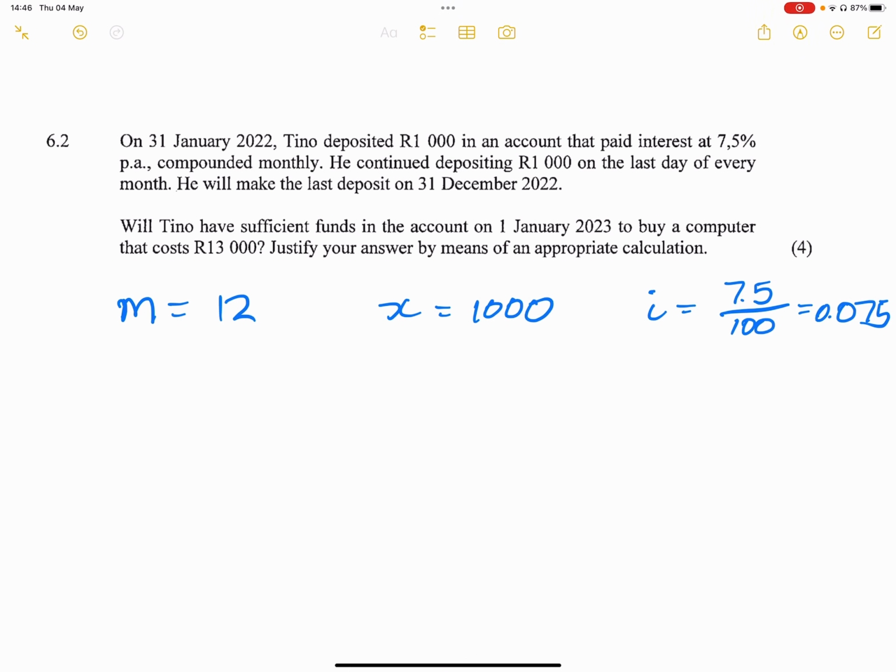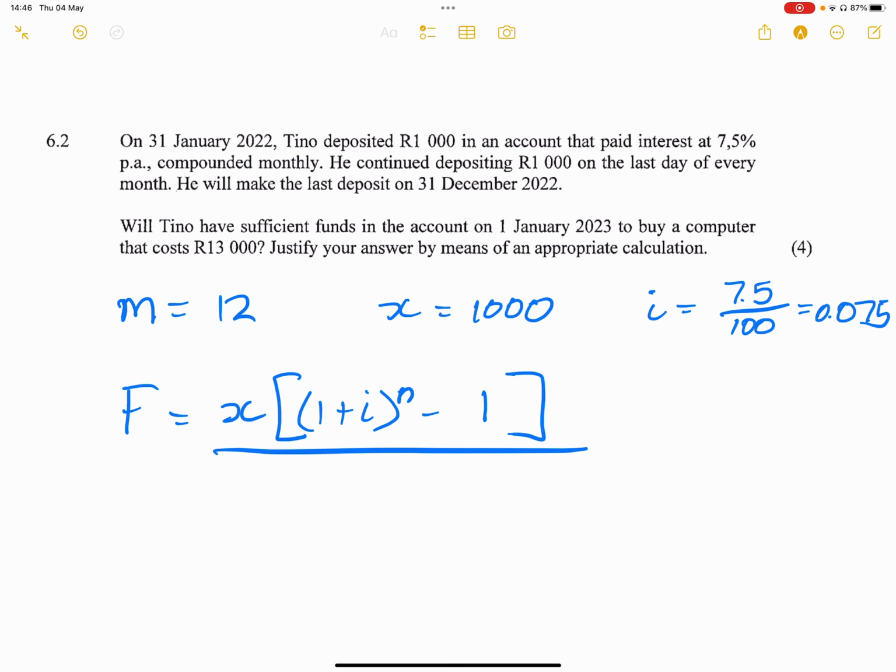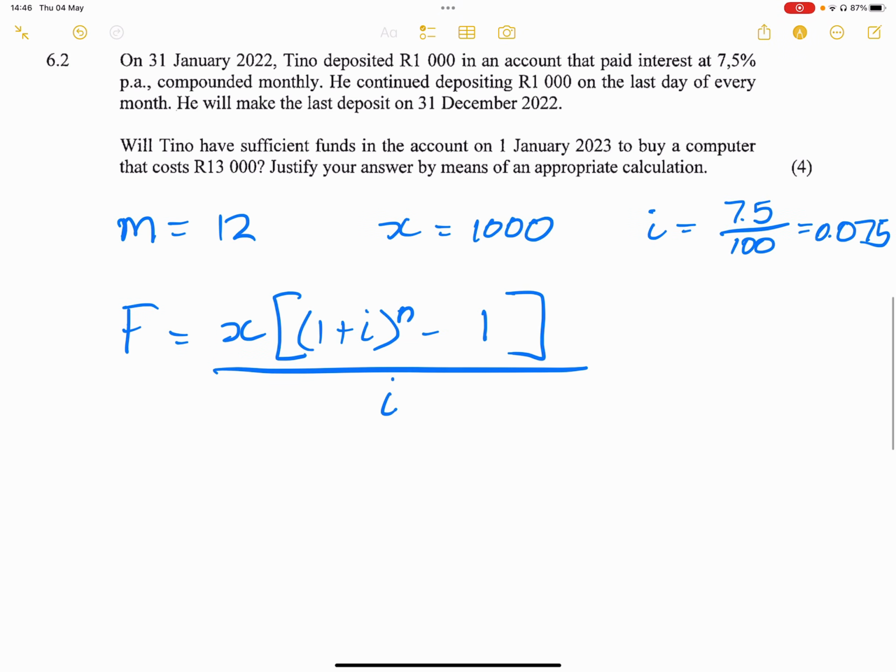Now, because we're dealing with monthly deposits, that requires us to use our future value annuities. So we're going to say this is going to be X into, and please just familiarize yourself with these formulae so that you know which one to use when the occasion calls for it.